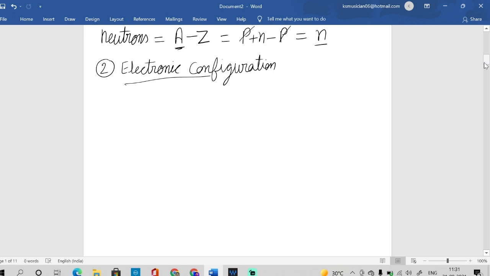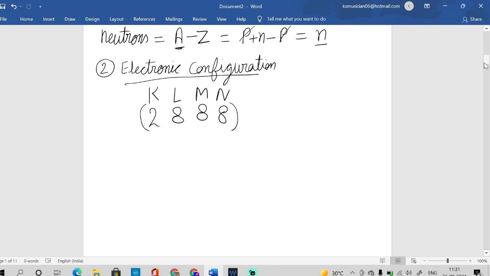We have a simple formula here that you will use: K, L, M, N, and these are the maximum number of electrons that can enter in these principal shells. Remember that this formula we will use only for the first 20 elements.